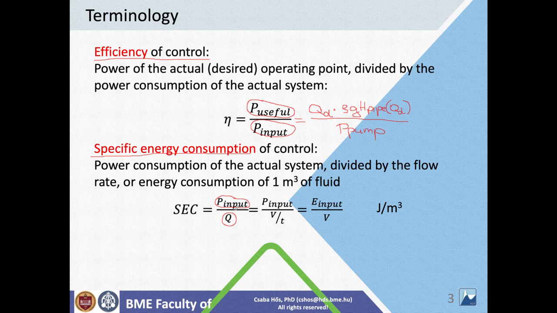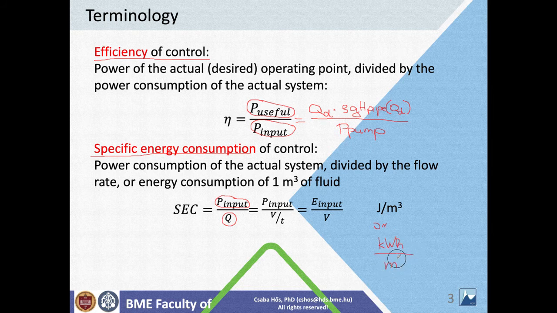Now, flow rate is volume divided by time. So if you multiply power by time, that's going to be energy or work divided by volume. This is joule per cubic meter, or equivalently, after some unit conversion, kilowatt hours divided by cubic meter.